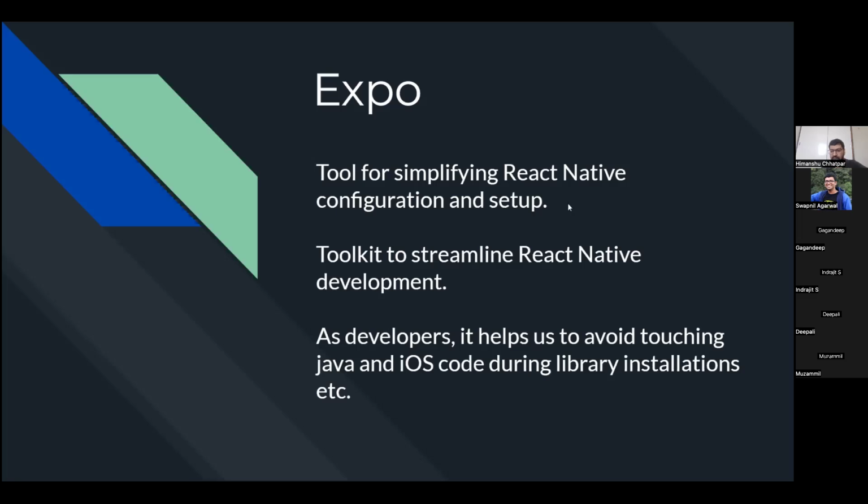So Expo comes in and says, let me simplify all of this for you. Expo takes up the pain of setting code up, running it, and building APKs, AABs, IPAs, and stuff like that. So this is what Expo does for us. It is basically a toolkit to streamline React Native.